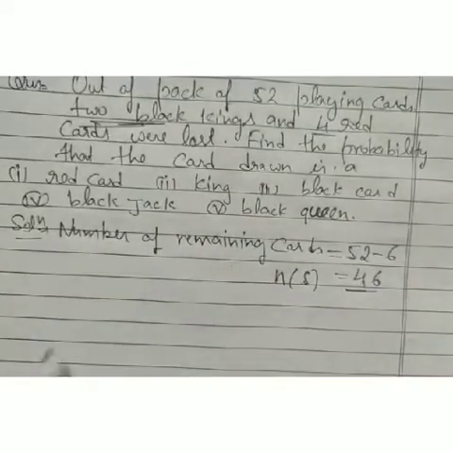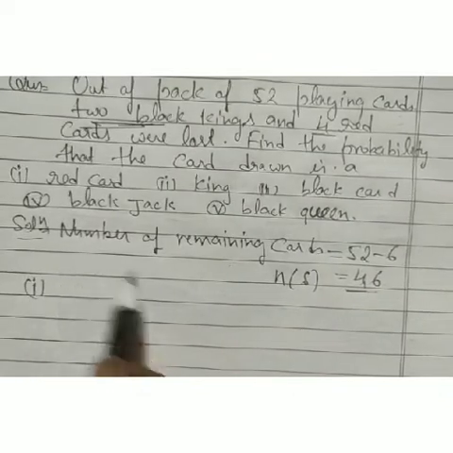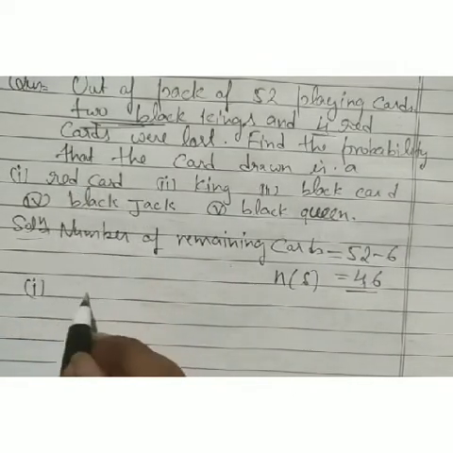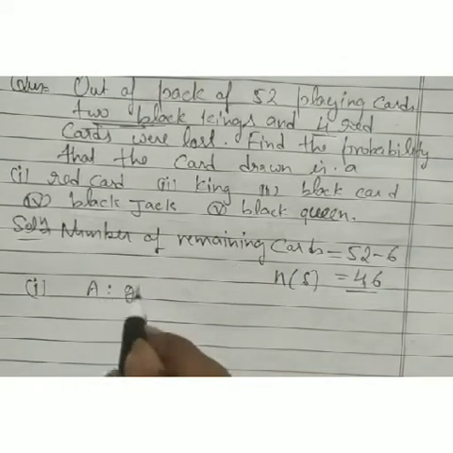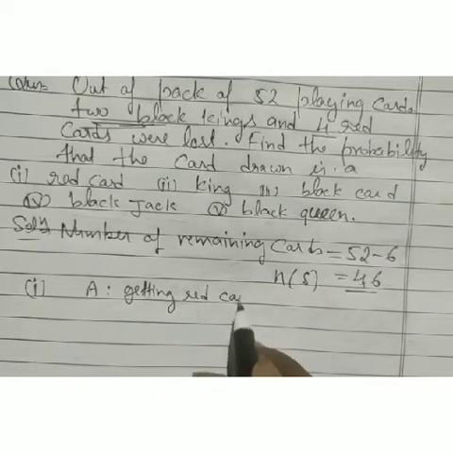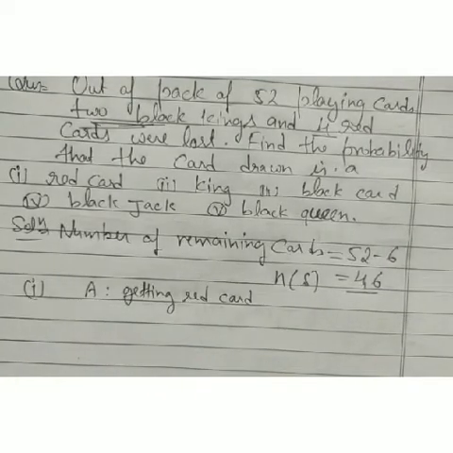Start with the first probability. Now, red card: let's suppose A is the event of getting a red card.